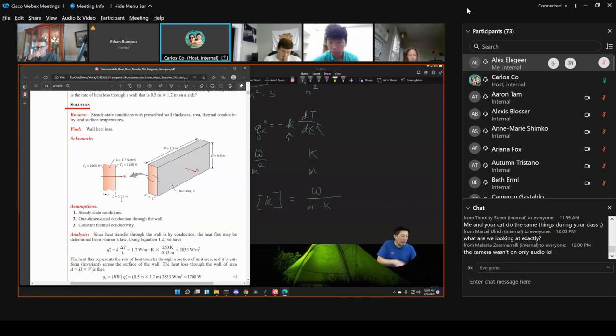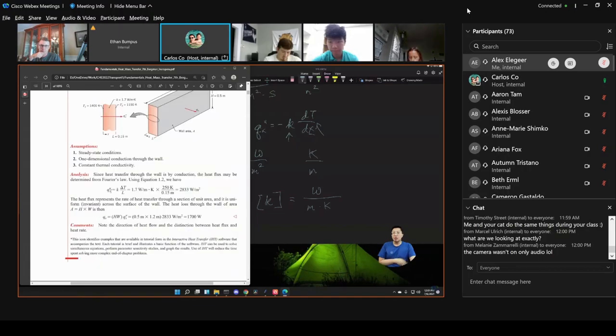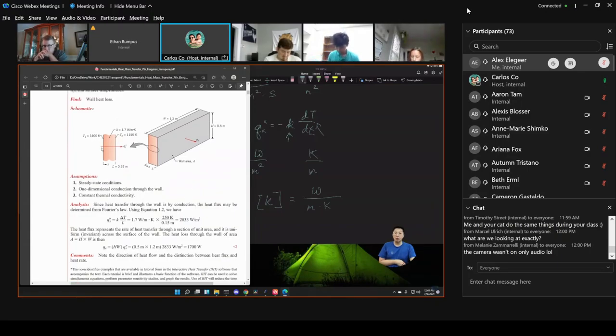Hey, don't eat my Apple Pencil. From here, you can calculate the heat flux based on the thermal conductivity and the gradient in the temperature. It is the change in temperature over the distance. That's a derivative, and that's how you calculate the heat flux.